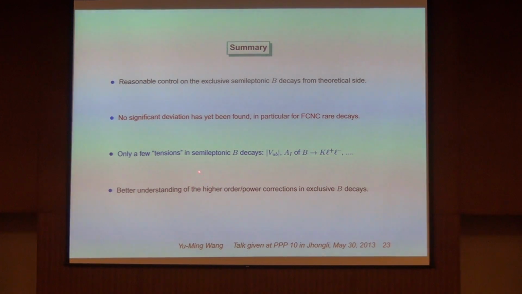Only a few cases occur in the semileptonic case, as I mentioned here: the Vub puzzle and the isospin asymmetry pattern. So it is certainly crucial that a better understanding of higher order and power corrections in exclusive B decays will be important in searching for new physics. That's all, thank you.